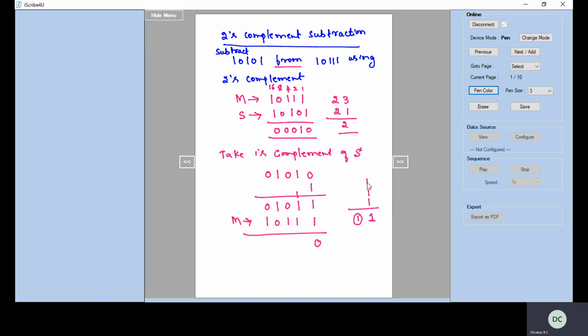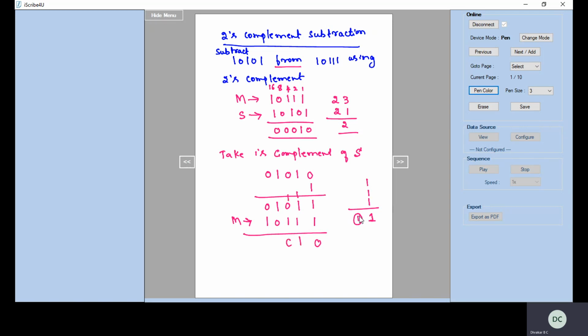So now we get 0 plus 1 is 1. Take these two numbers: 1 plus 1 is 0 with a carry of 1. The remaining number is 0, and 0 plus 1 is 1. Whenever you add three binary digits, the sum is 1 and the carry is 1.